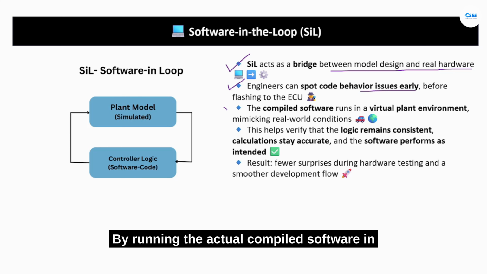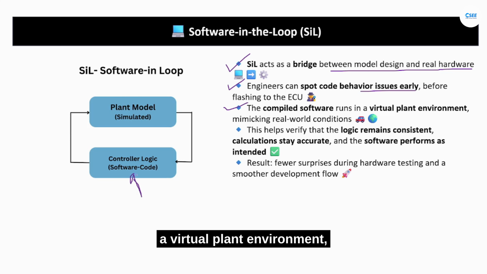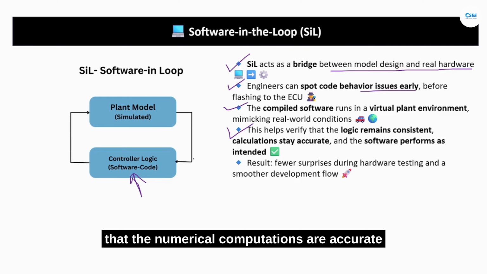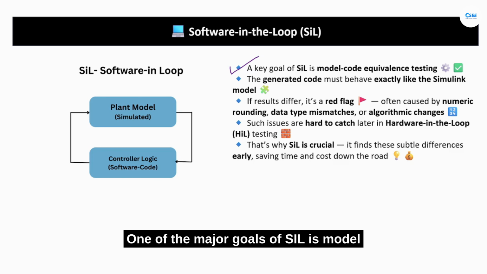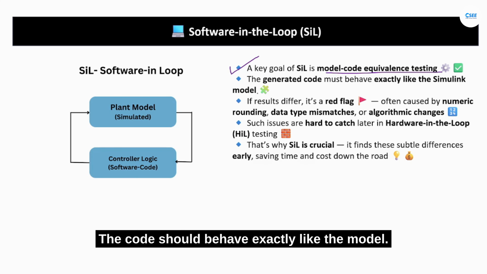By running the actual compiled software in a virtual plant environment, developers can verify that the logic hasn't changed, that the numerical computations are accurate, and the software structure performs as intended under all conditions. One of the major goals of SiL is model-code equivalence testing. The code should behave exactly like the model.